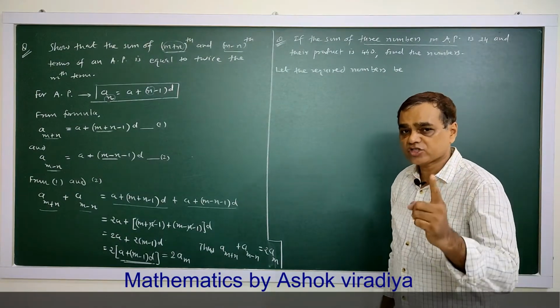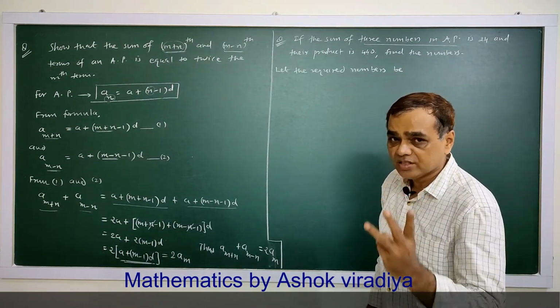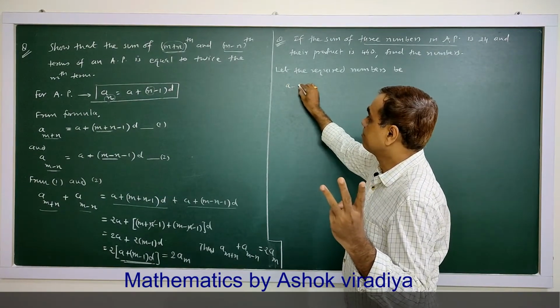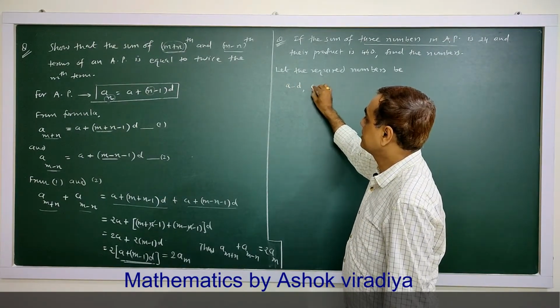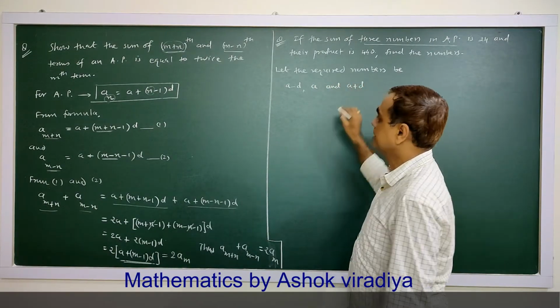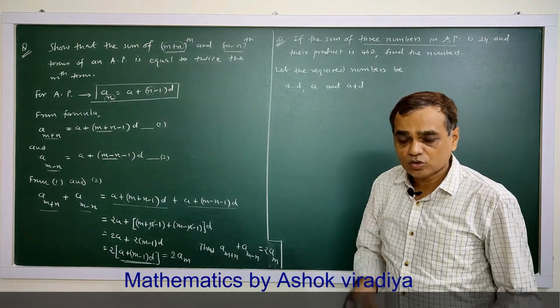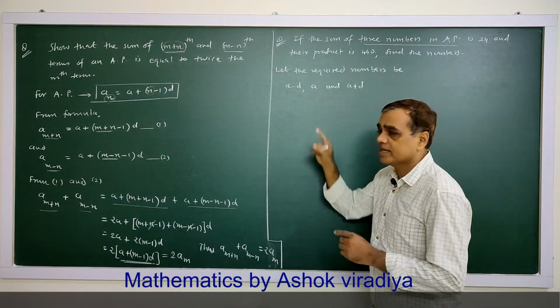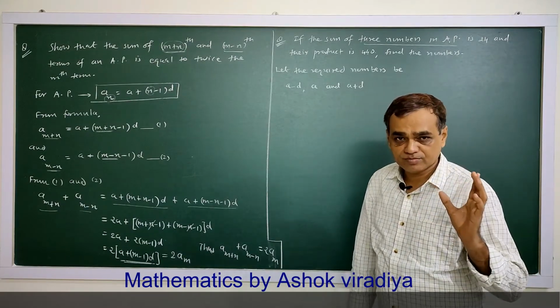In any question, if you require three numbers in arithmetic progression, then suppose them to be a minus d, a and a plus d. In these symbols, we are not taking small a as the first term.